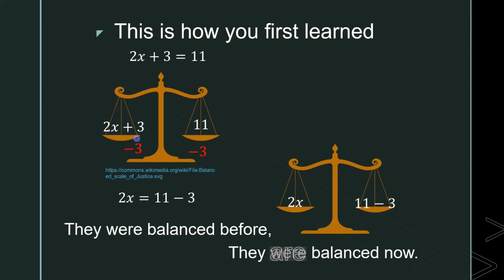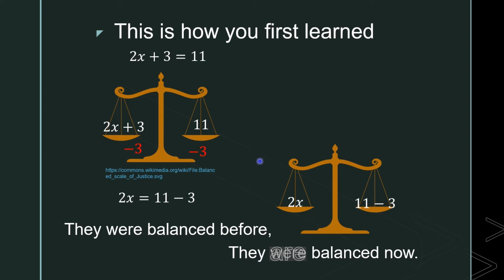Before, 2x plus 3 was balancing 11. Now 2x is balancing 11 minus 3. So the equal sign is still there. The equation is still valid, but we have written it slightly differently. This you have already learned in your algebra class, wherever you learned that.